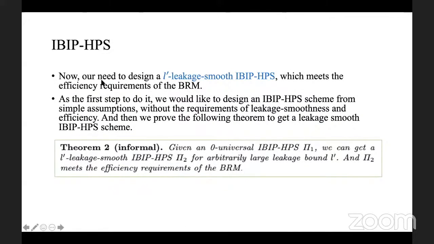So now we need to design an L-prime leakage smooth IBIP-HPS scheme which meets the efficiency requirement of the BRM. As the first step, we would like to design an IBIP-HPS scheme from simple assumptions, without the requirement of the leakage smoothness and the efficiency. And then we prove the following theorem to show that we can get a leakage smooth IBIP-HPS scheme.